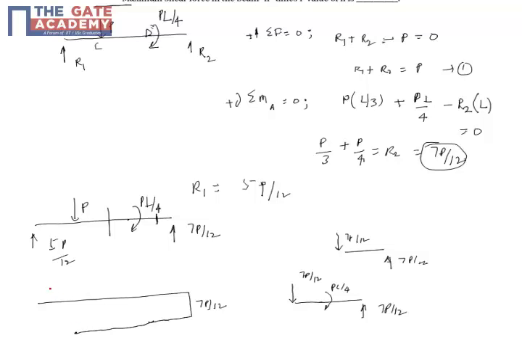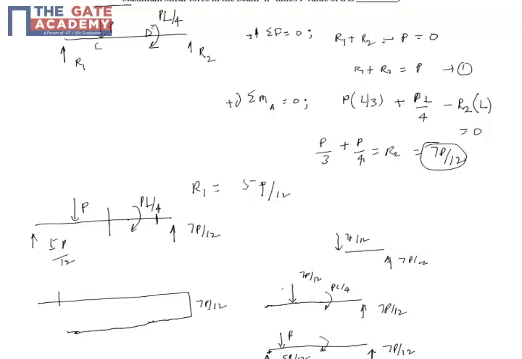Now take a section to the left of P, where you have a moment and you have 7P by 12 here. If you balance those two, P and 7P by 12, there has to be an internal force to the left of P, which is 5P by 12, and this is positive, so we draw it upward.